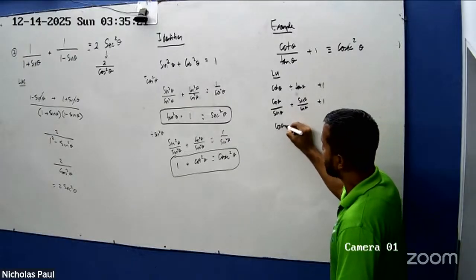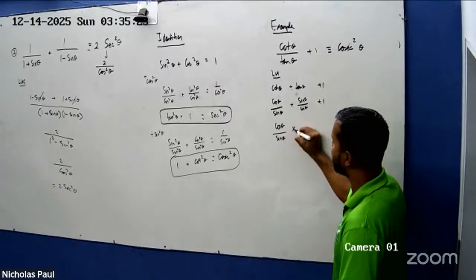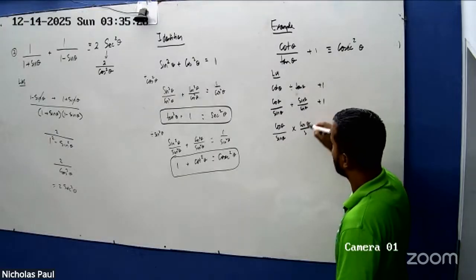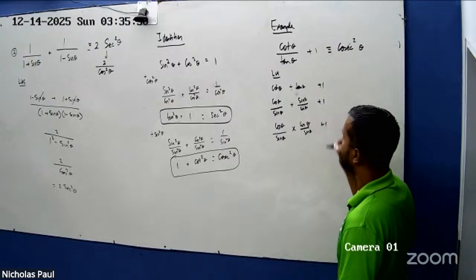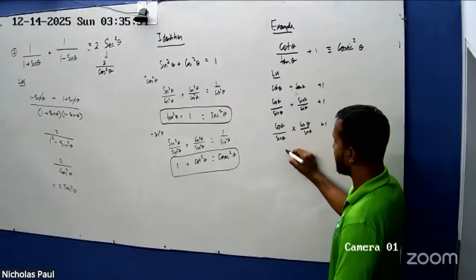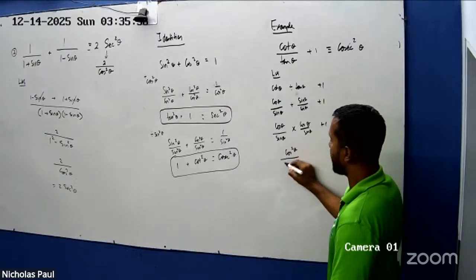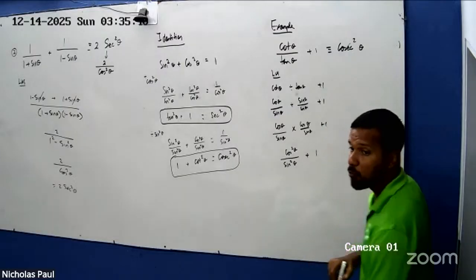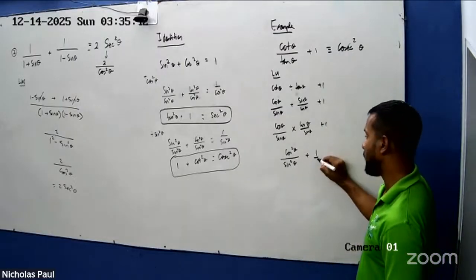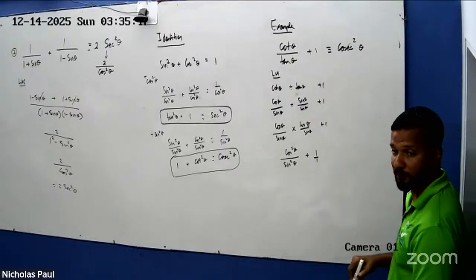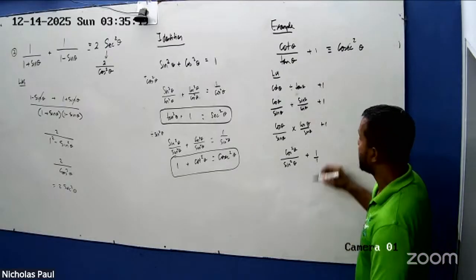So you'll get cos theta over sine theta multiplied by cos theta over sine theta, then you multiply this, so cos squared over sine squared. Then you use one of that fraction, 1 over 1, and then find the answer. Instead of writing it this way, you write it like this.